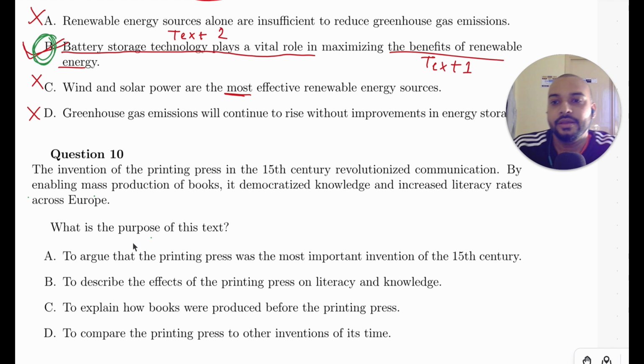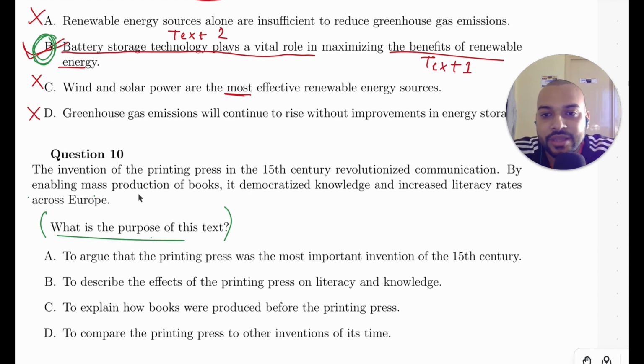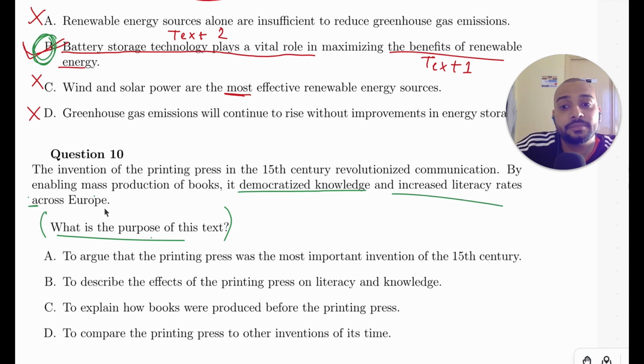Okay, so the question instruction says, what is the purpose of this text? Let's read the text. The invention of the printing press in the 15th century revolutionized communication by enabling mass production of books. It democratized knowledge and increased literacy rates across Europe.